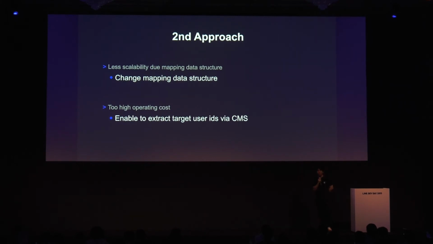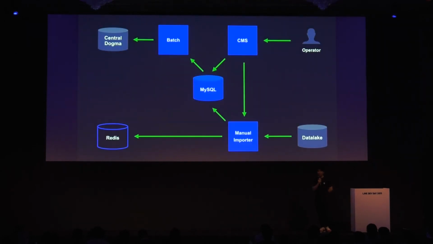The mapping data format lowers the scalability, and of course, the mapping data format can be changed to address that issue. How we change it is something which I'd like to touch upon later. And for the next one, the operational cost being too high, target user ID extraction via CMS can solve that problem.